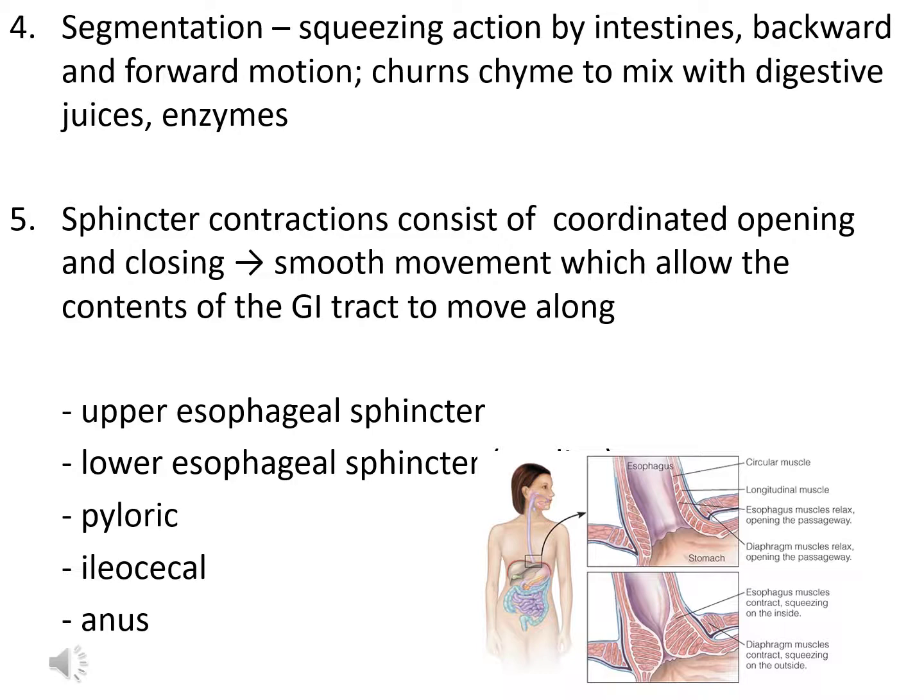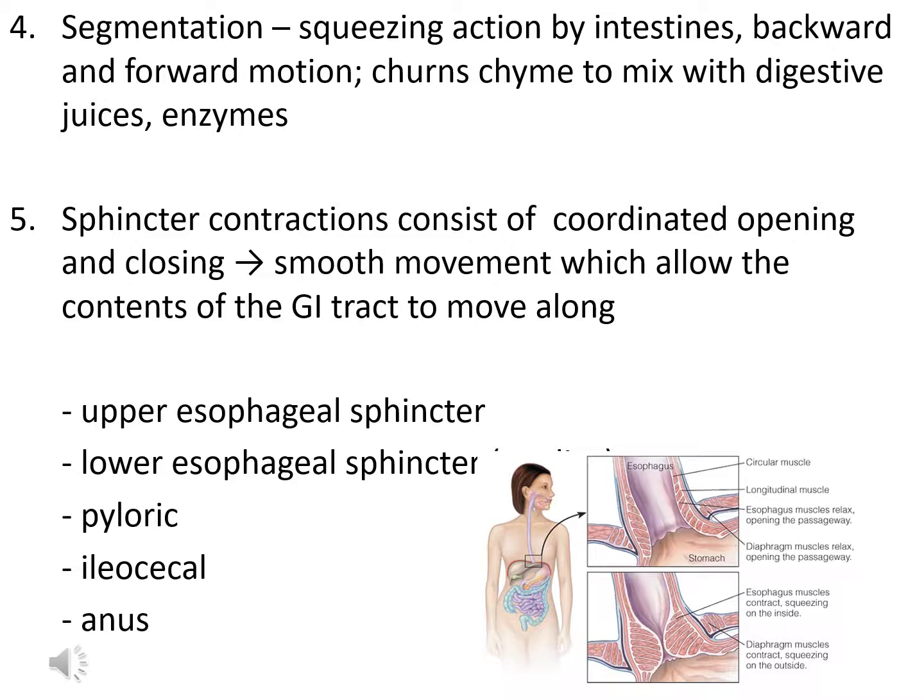The first sphincter to note is the upper esophageal sphincter, and this opens in response to swallowing. So this is what allows the bolus, which is created in the mouth, to slide through the esophagus down into the stomach. However, before the bolus can enter into the stomach, it has to pass through the lower esophageal sphincter.